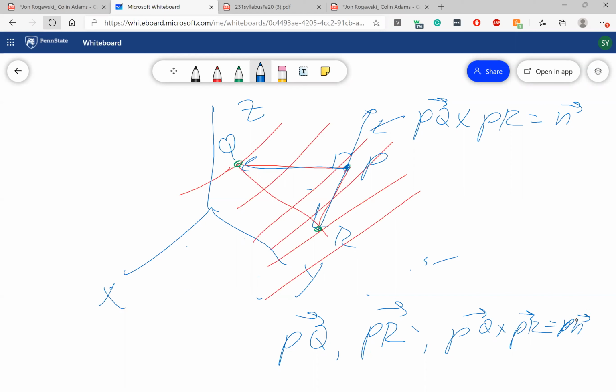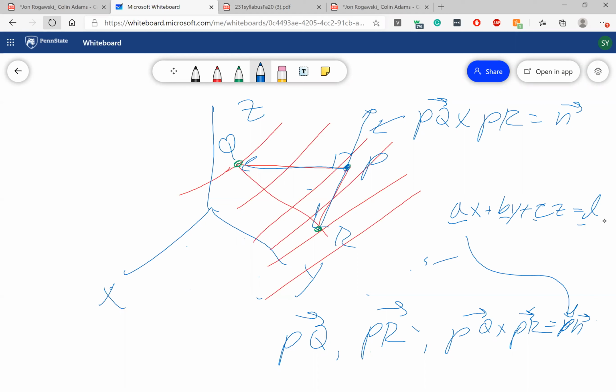And that's basically it, because then we know that the equation of the plane is ax plus by plus cz is equal to d. And we know what a, b, and c are from the normal vector over here.